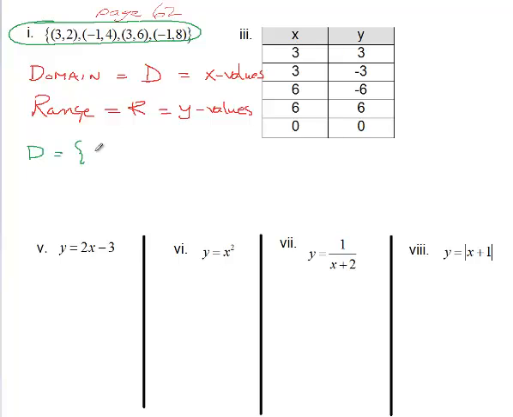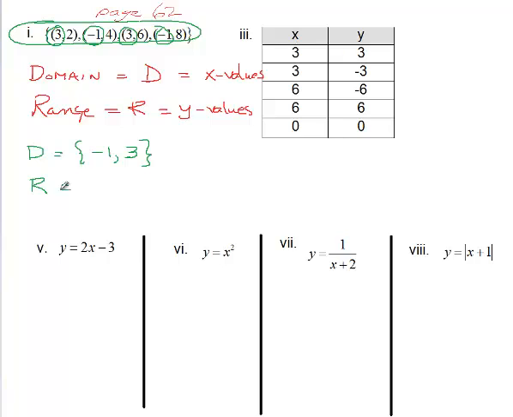I go from lowest to highest: -1, and that's used twice. I don't need to repeat it, and it looks like 3 is the other. So there's only 2 x values in use: -1 and 3. Okay, so that's simply how you state the domain.